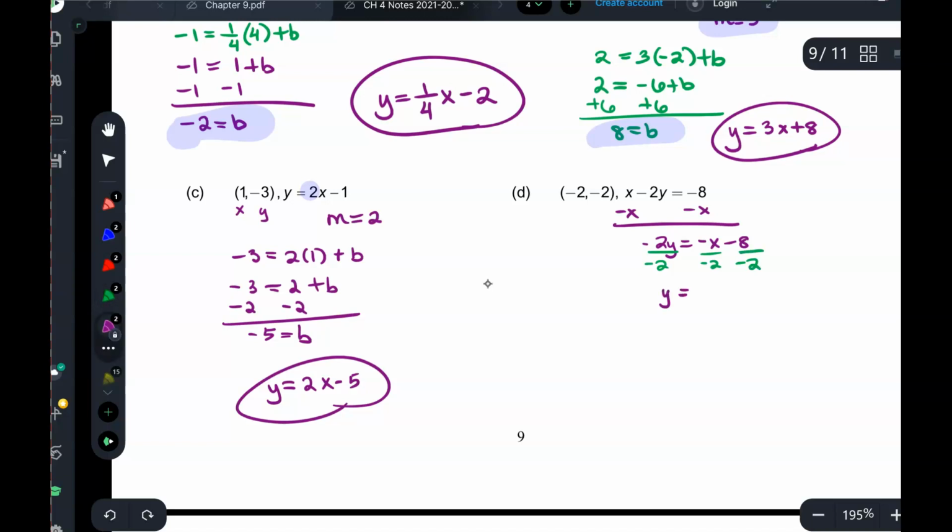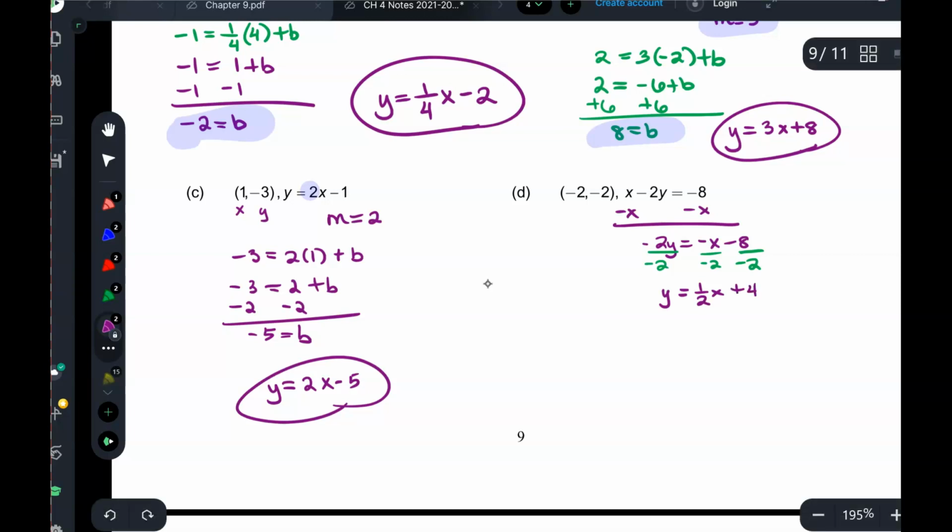If I have a negative over negative, that's going to turn it into a positive slope. When I have x divided by 2, I want to write that as a fraction. Dividing by 2 is the same thing as multiplying by a half, so I'm going to write that as 1/2. And then I have -8 divided by -2.